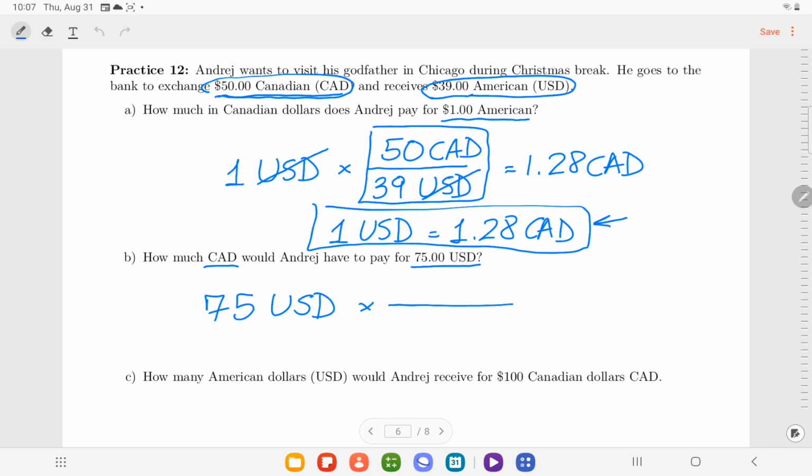Let's use the simpler one. 1 US is 1.28 Canadian. US we put on the bottom because we want to cancel it out, and 1.28 Canadian we put on the top. US dollars cancel out. We get 75 times 1.28 divided by 1, which is 96 Canadian dollars.